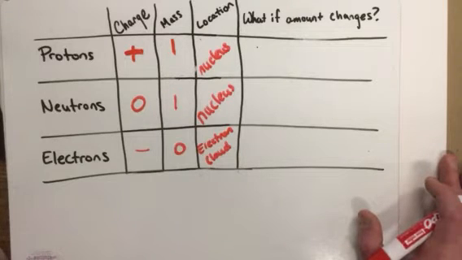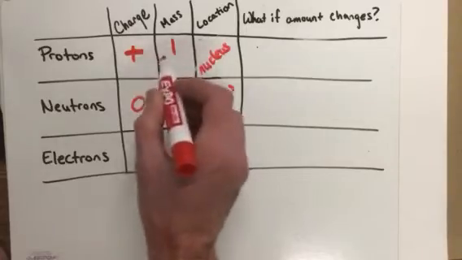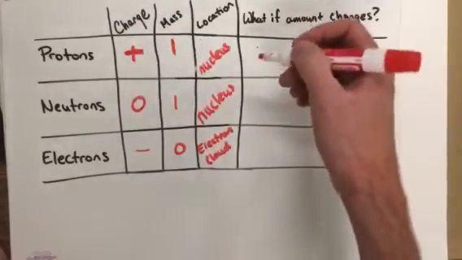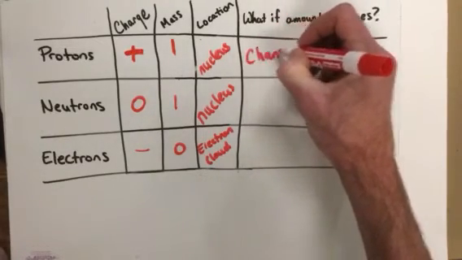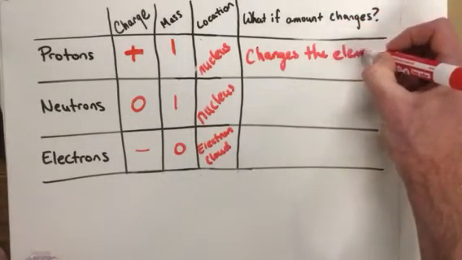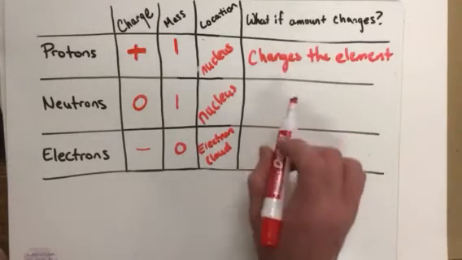If you find an atom somewhere that has 1 proton, that is hydrogen. So if you were to change the number of protons, you do some things here, of course. If you add 1, you change the mass, of course. But what we really say is the element changes. It changes the element.